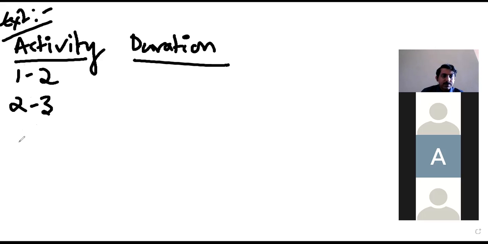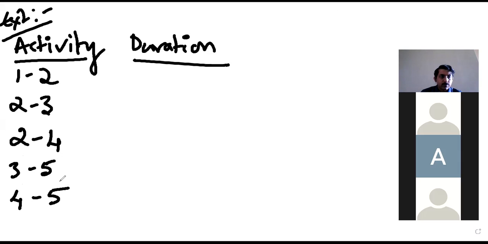So 1 dash 2, 2 dash 3, and next we have 2 dash 4, 3 dash 5, 4 dash 5, and directly we'll have 4 activities, that is 2 dash 5.